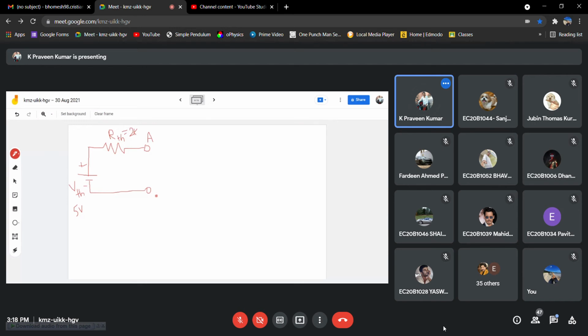Right. So this is the way how we can replace that entire circuit with a single voltage source and a single resistance, right? So this is the way how to obtain the Thevenin equivalent circuit, right?